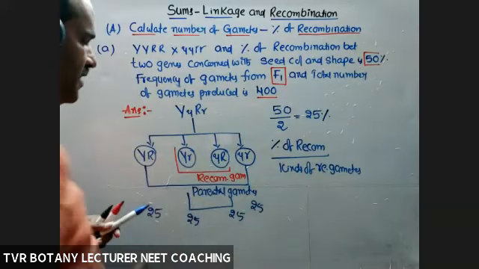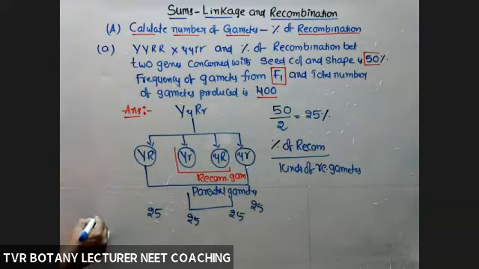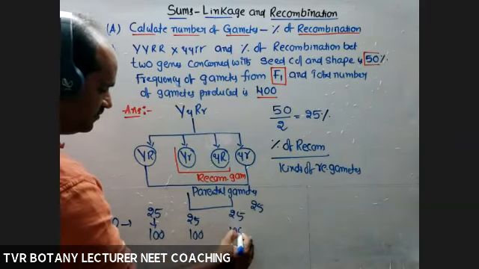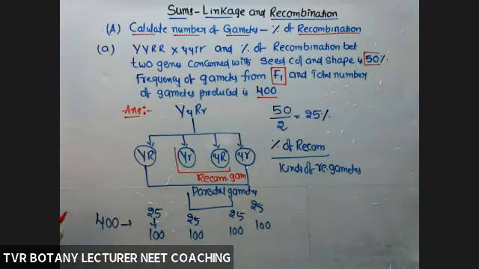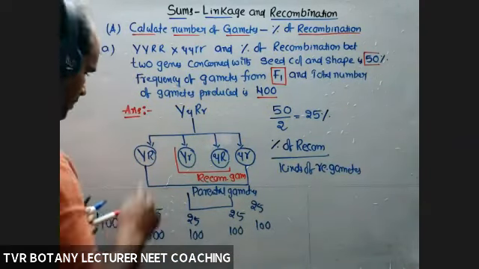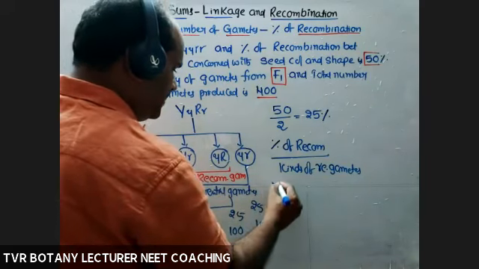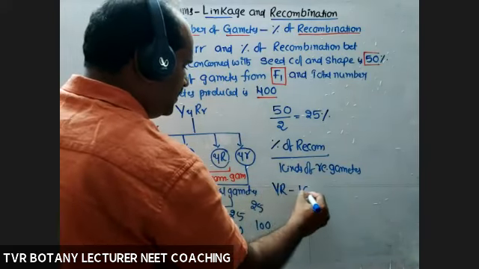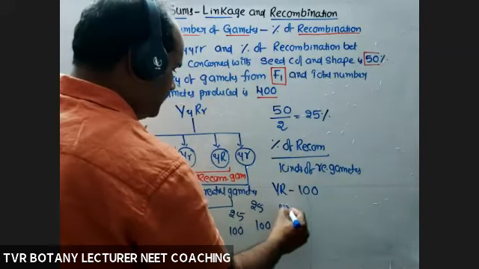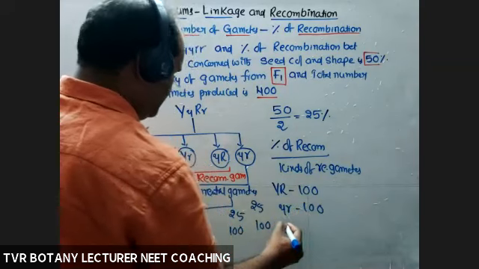Now go back to the total number of gametes. How many gametes are given? 400 given. Out of 400, the number of this one is 100. This is the simplest one. So capital Y capital R, 100 gametes; small y small r, 100 gametes.